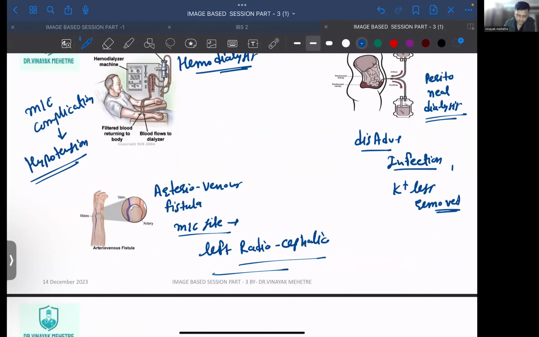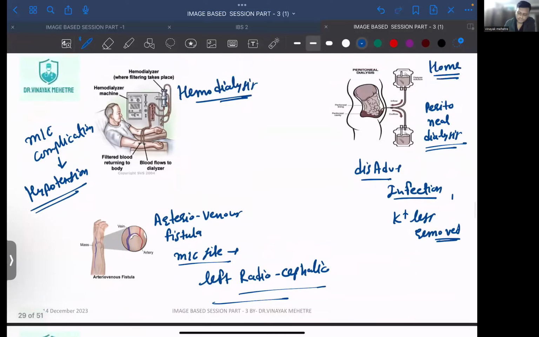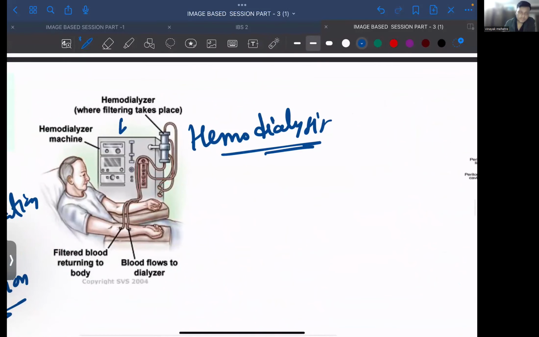Clot formation is not the complication because the machine does contain heparin. There are two types of dialysis: heparin-free dialysis and dialysis with heparin. So clots are less likely to form.